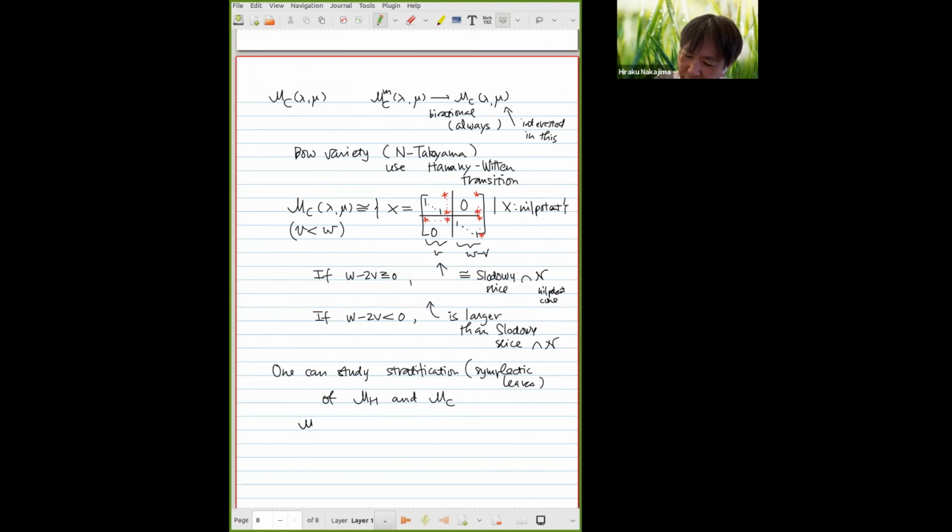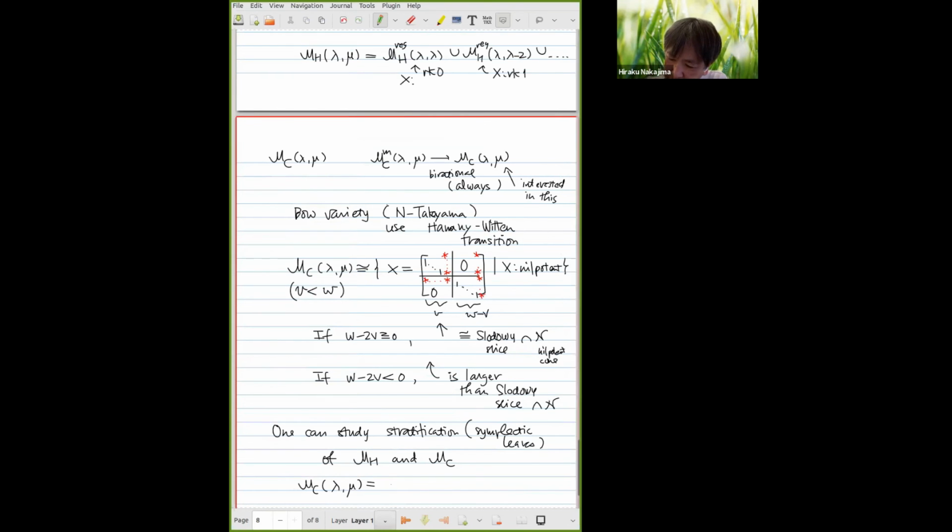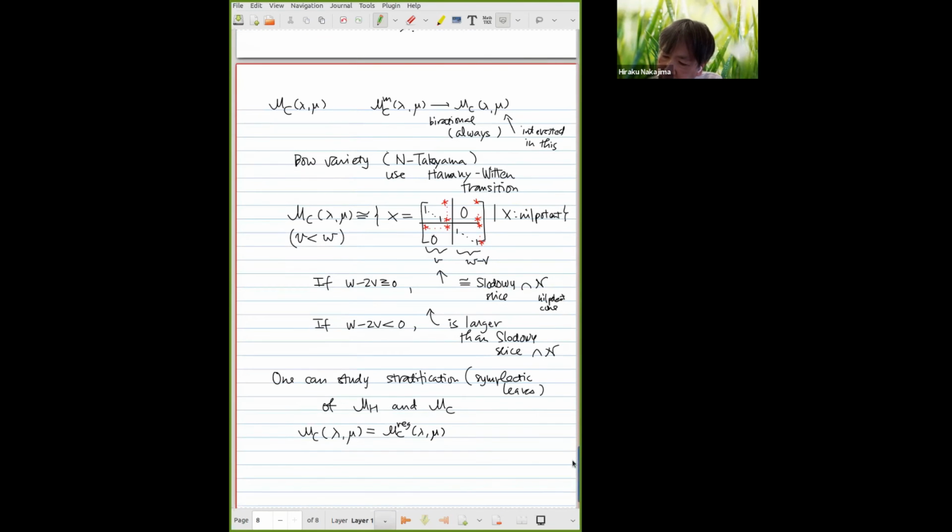So MC is a little bit more complicated, but somehow the end result is like this. So you have MC of lambda mu. So this is the regular locus, an open subset.